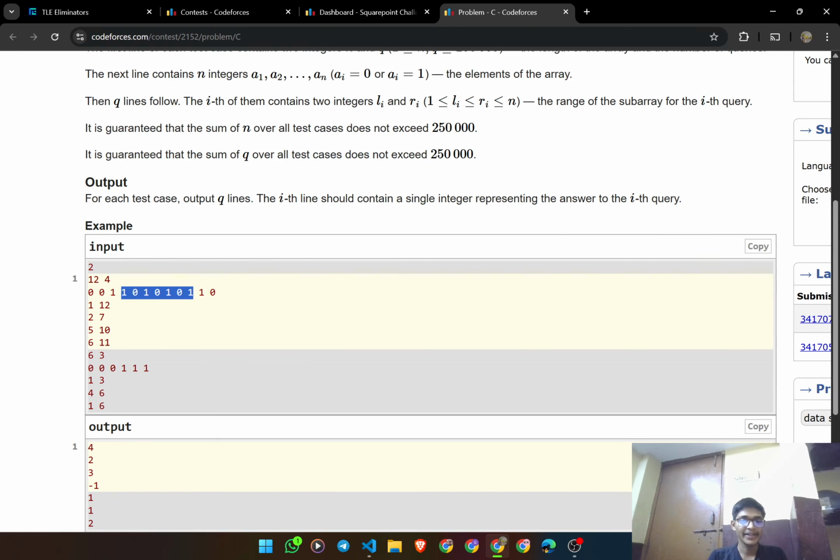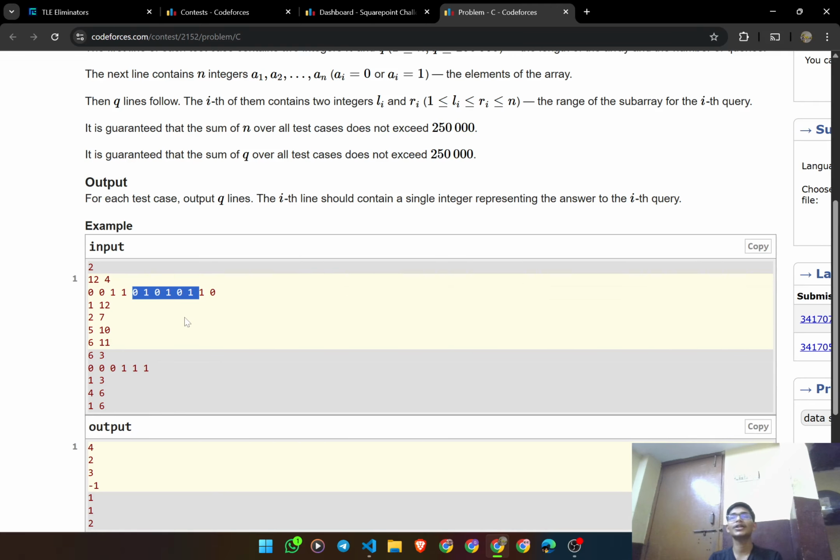So any time we come across this type of sequence, we have to pay 1 plus cost, just like in this example, 5 to 10, the 1 2 3 4 and 5. From here to here we have a 0 1 alternating sequence.